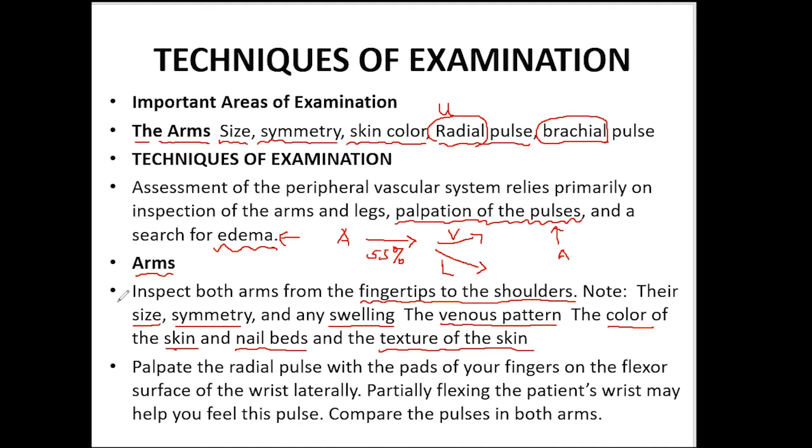But if no nutrition is sent there, the skin will be dry, sometimes even cracked. So that's the inspection part. Then we're talking about palpation. Palpation is mainly for the pulse. We follow the blood flowing. On the radial side, you can feel it. On the ulnar side, you still can feel it. And we also compare the pulse on both sides.